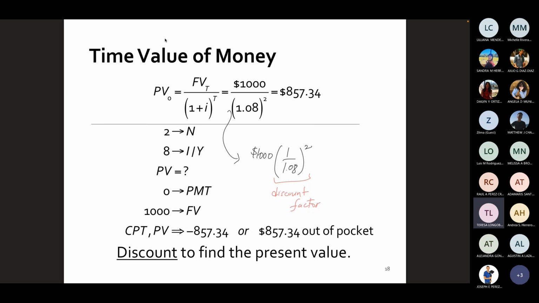And we discount to find the present value. What's a discount? A discount has a lower price, right? So it's a way we use the word discount. And that's the discount factor.